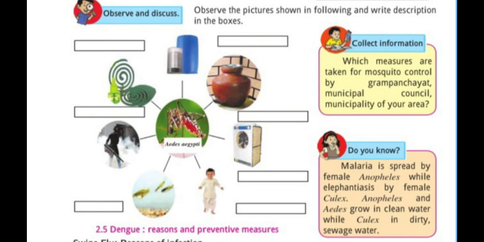Even when we use kerosene on stagnant water at the breeding places of mosquitoes, the small eggs or larvae of mosquitoes are easily destroyed.